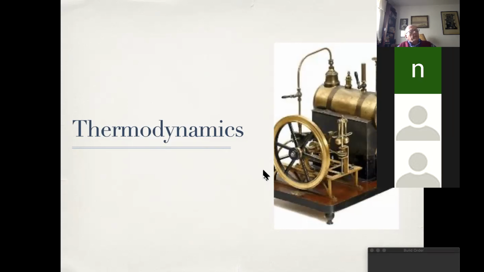So the main problem in the mine is to get rid of the water, and of course also to get rid of the gas, the methane, which is there, but that's not part of thermodynamics. Anyway, the engineers were building complicated devices to pump the water out of the mines, and eventually they came up with a steam engine.